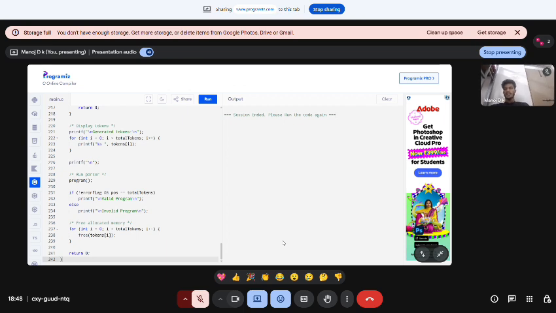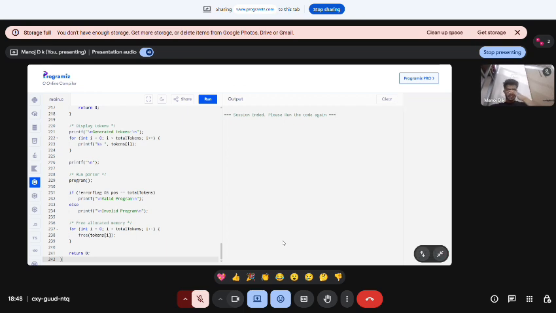Then lastly, parser functions. The parser is implemented using recursive descent parsing. Each grammar rule is represented as a separate function. For example, the expr function handles the expression, the factor function handles identifiers and numbers, stmt handles the statements, and program validates the entire structure.